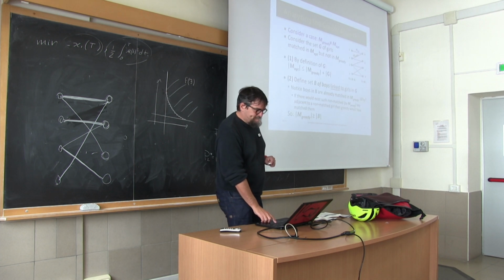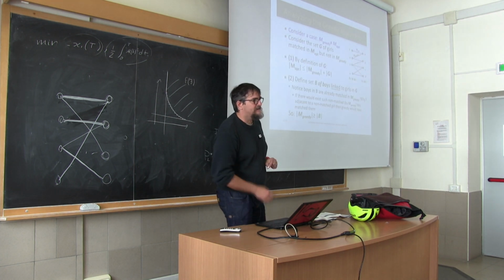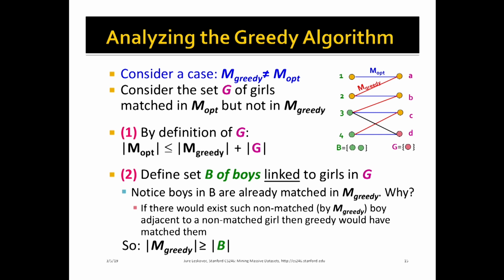Good. So let's analyze the greedy. Let's assume that the performance of greedy is different from the performance of the optimum. Now, in blue, we have the solution of the optimum, and in red, we have the solution of the greedy.